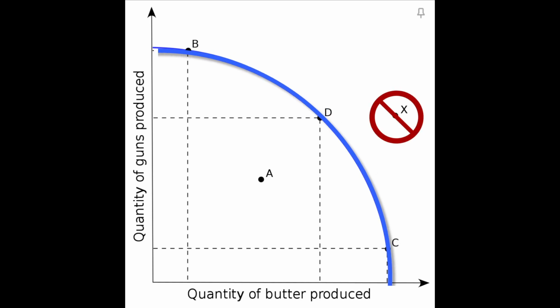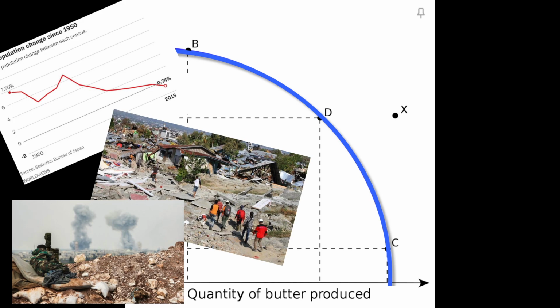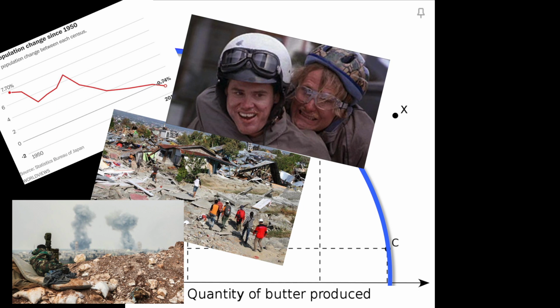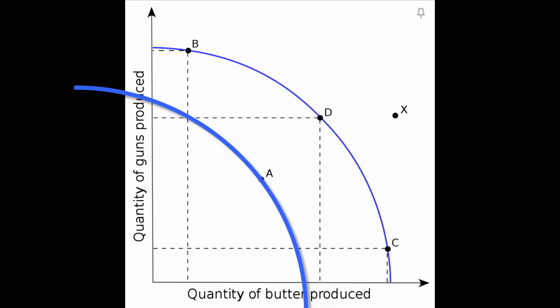It is not possible to reach point X if the productive capacity is where the blue line is as shown on the graph. If an economy shrinks or recedes, on the other hand, by factors such as population decrease, natural disaster, war, or an uneducated population, this blue line will shift left and down or inward. The productive capacity of the economy has shrunk.